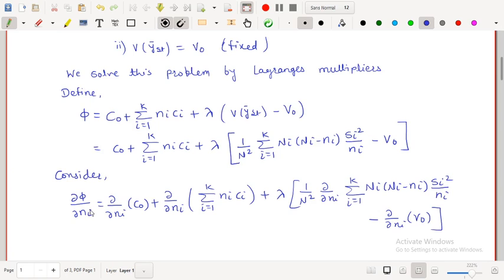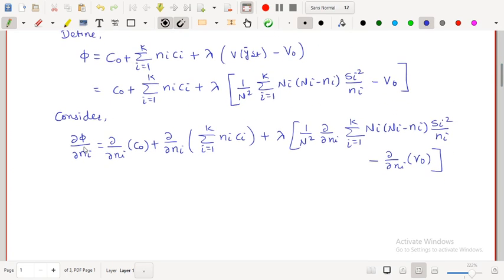So we have taken dou phi by dou Ni and we have to equate it equal to 0. So first find out dou phi by dou Ni, then equate it equal to 0.